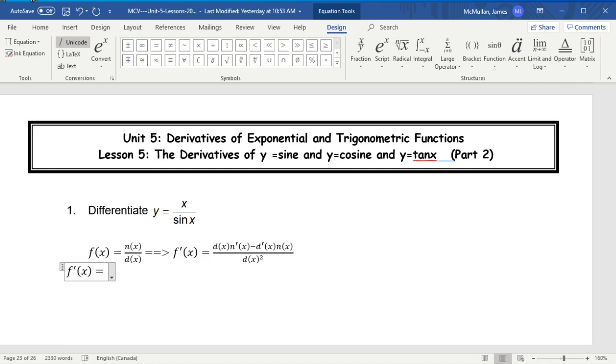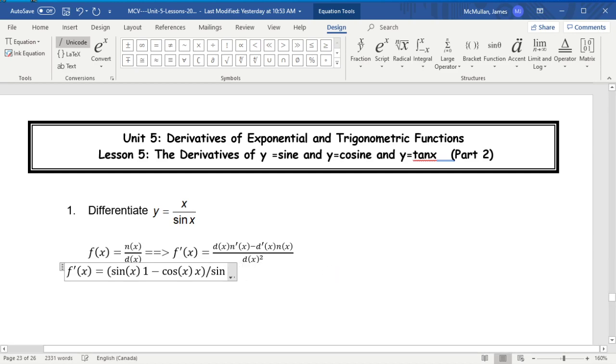In our case here, the denominator function is sine x, the numerator prime is 1, the denominator prime is cos x, and the numerator is x, and then the denominator squared, again, just how to write this properly, would be sine squared x. Let's write it like this, sine x squared.